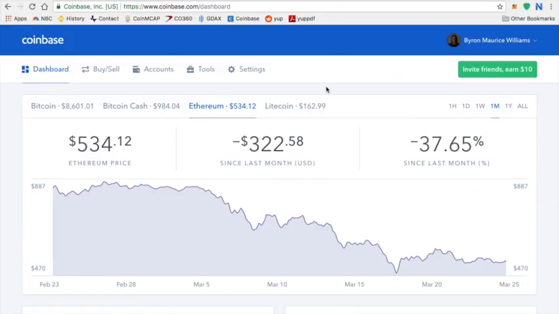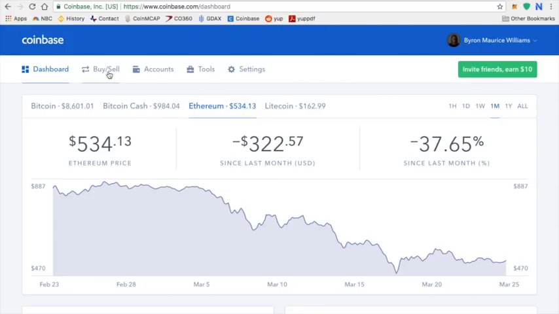These are the 3 companies that you're going to need in order to invest in NCASH.